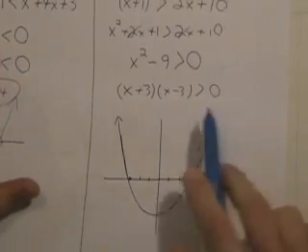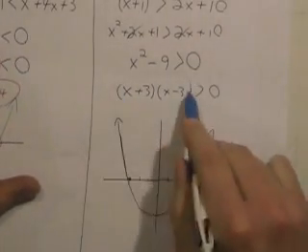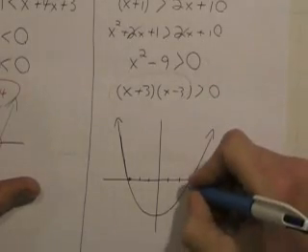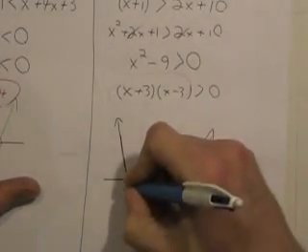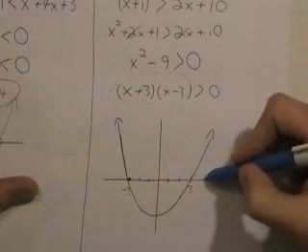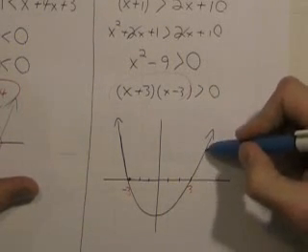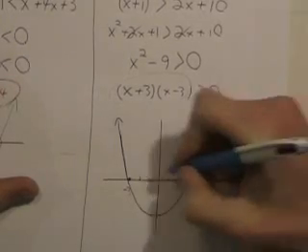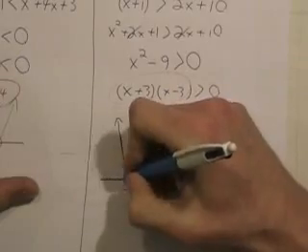It wants to know values of x that make the y values of the curve positive, or greater than 0. So if this is 3, we figured out this is minus 3. It should be clear from the graph that whenever x is over here, the function is going to be positive. So the answers are out here and out here.